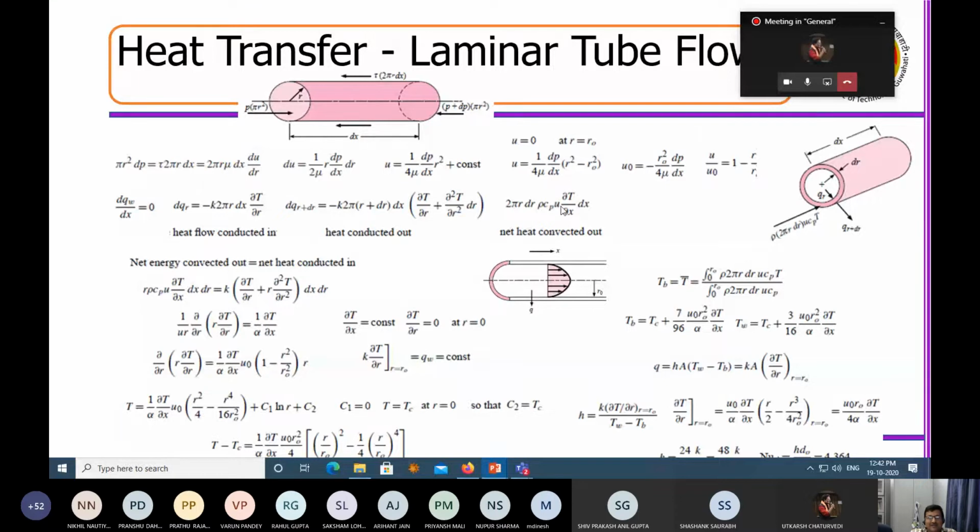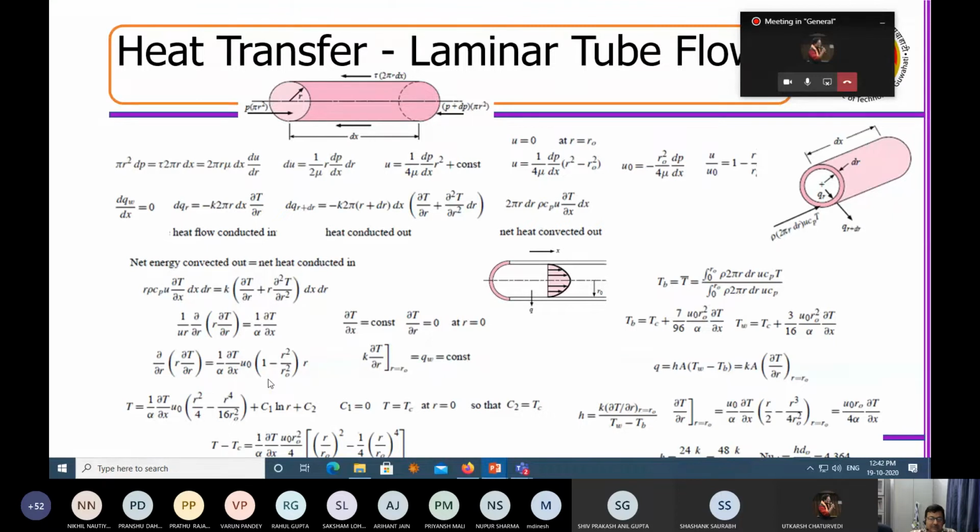You have a temperature gradient of dT by dx. 2πr dr is your area, and rho Cp u is the total amount of mass that is flowing. It's an open system, so the total amount of heat transfer in the x direction associated with the convective flow comes out like this.